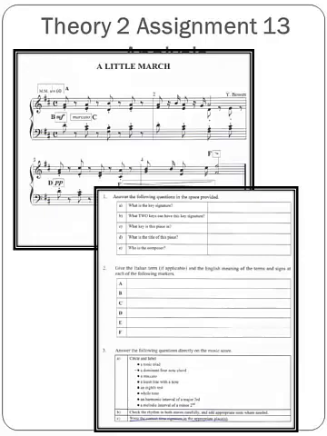Number 2, give the Italian term, if applicable, and the English meaning of the terms and signs at the following markers. So you're being asked for two things, the Italian term, if applicable, and the English meaning. Number 3, answer the following questions directly on the music score.